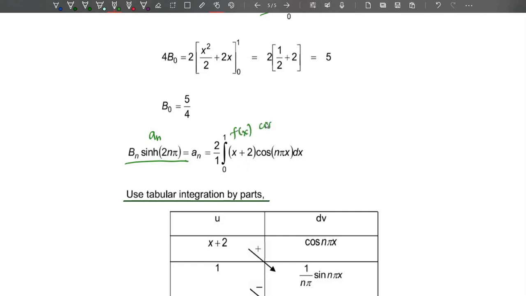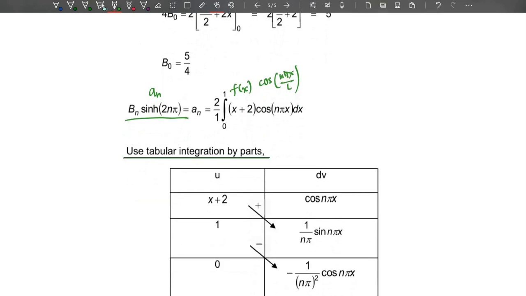and then cos n pi x over L, with respect to x. So this one is cos n pi x, because L is equal to 1, here a equal to 1.